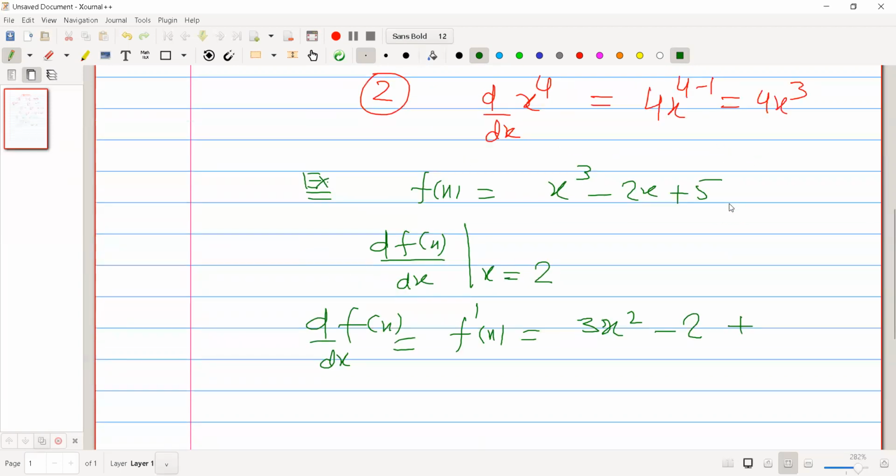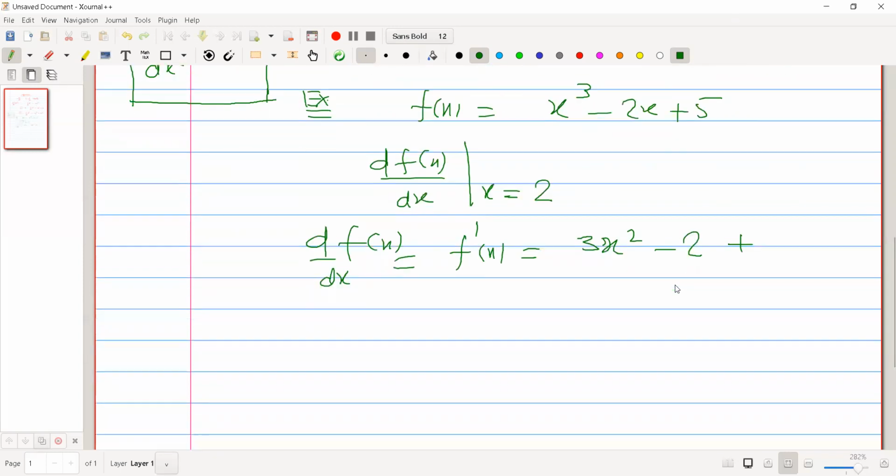You know this formula: the derivative of a constant term is 0. We will see later what the physical interpretation of the derivative is. But here first we have to understand the basics and how to find the differentiation using the formula. So this is 0.